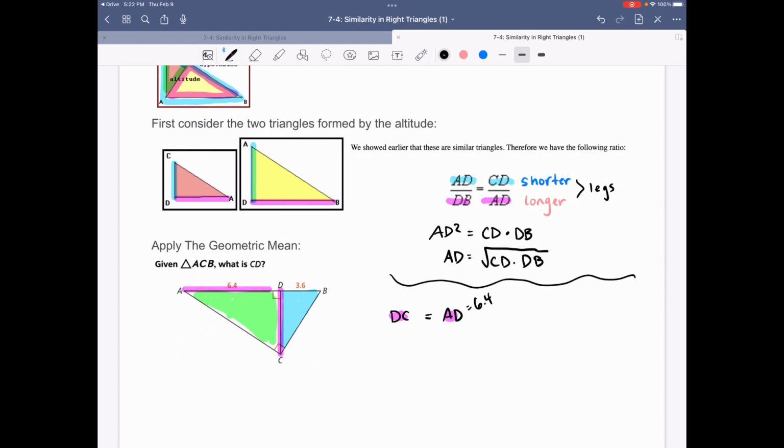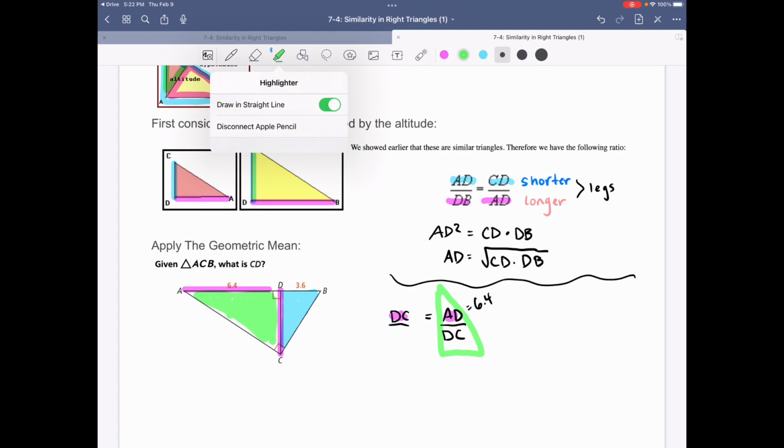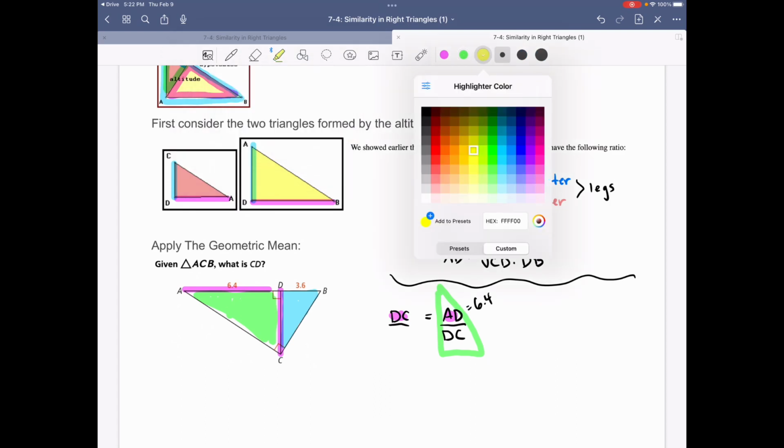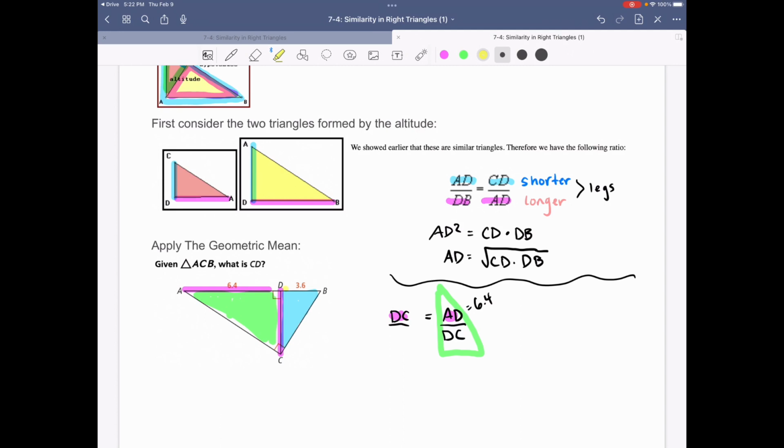Now, with the geometric mean, we're looking for DC, and so we're going to put DC across from each other. But now this is talking about the big green triangle, this side of the proportion. And DC of the big triangle is the small leg. So the small leg of the big triangle is DC.